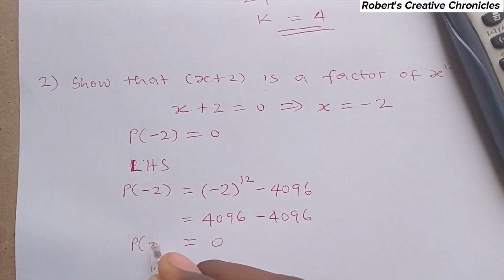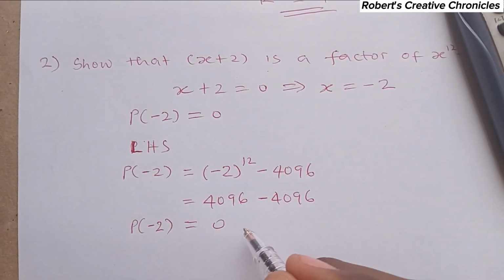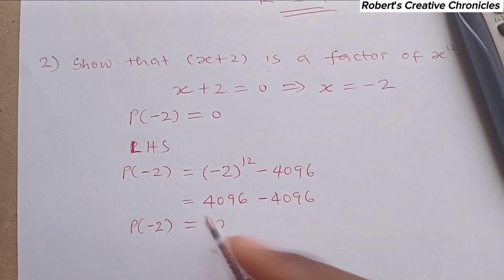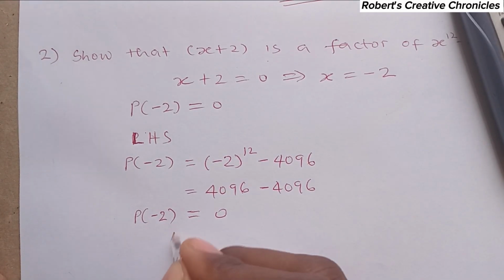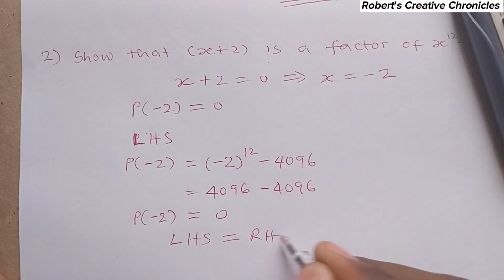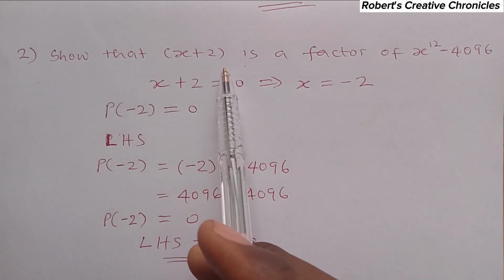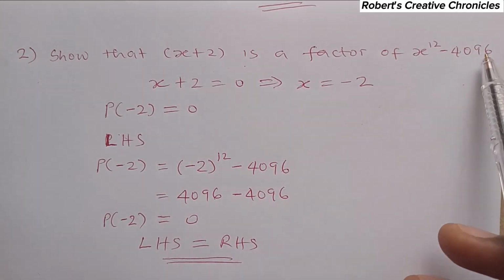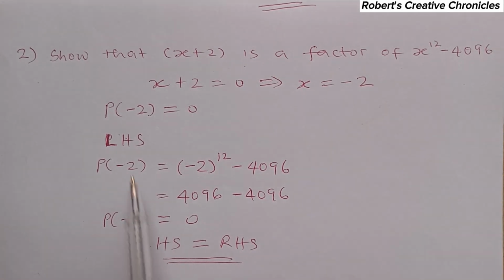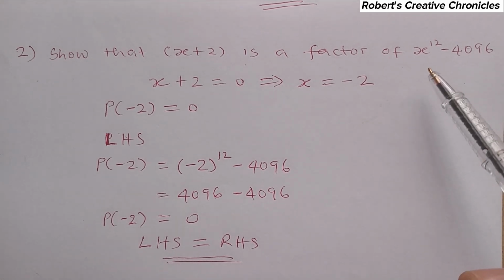So p(-2) is 0. That means left hand side is equal to right hand side. So we have shown that x plus 2 is a factor of x raised to the power of 12 minus 4096, because left hand side is equal to right hand side, and it satisfies the factor theorem. So this is the final answer for exercise 2.